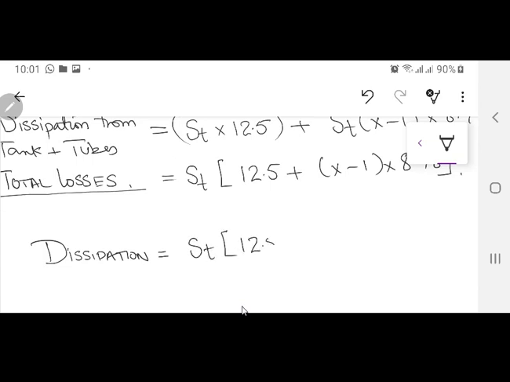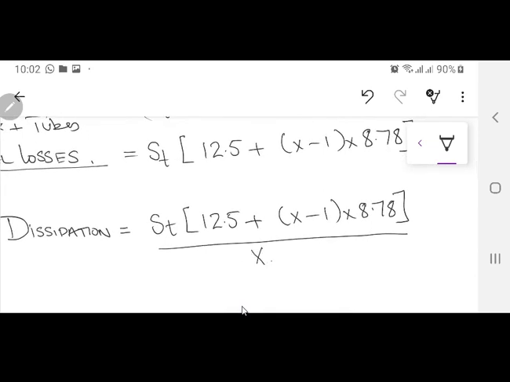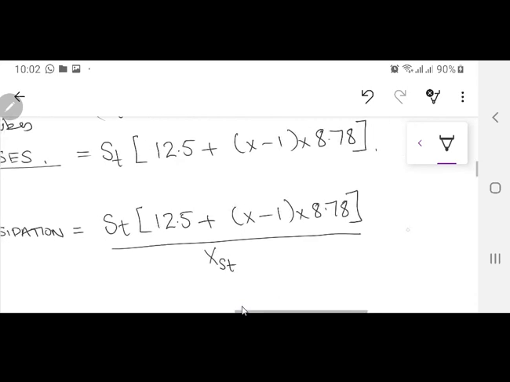So this is going to be 12.5 plus x minus 1 into 8.78, this will remain the same, and divided by x of St, and this will be watts per meter square per degree centigrade.